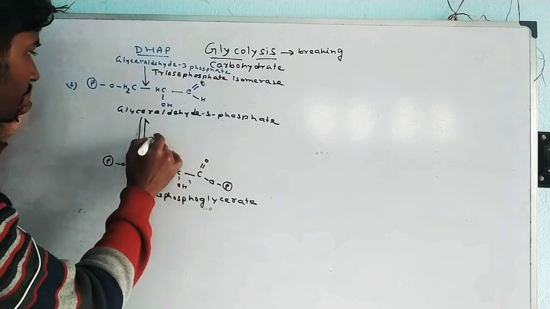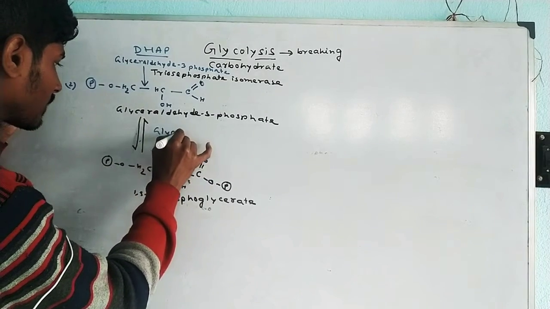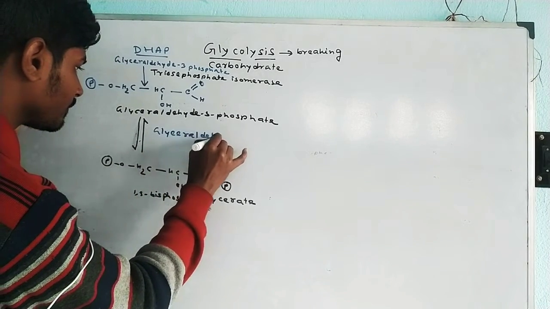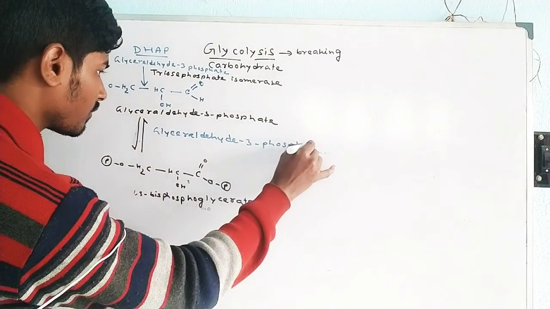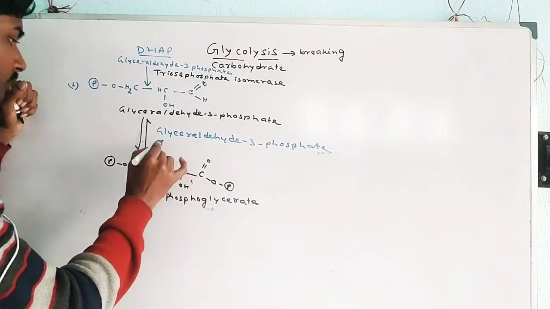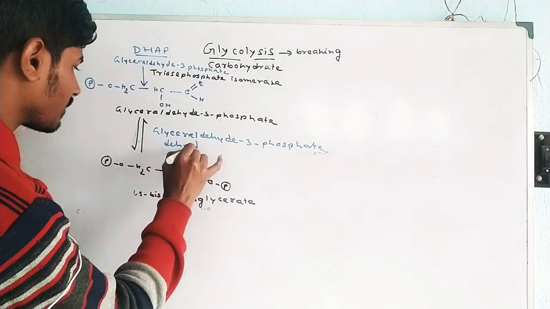After this, 1,3-bisphosphoglycerate is then converted to 3-phosphoglycerate. Sorry, the enzyme name is glyceraldehyde 3-phosphate dehydrogenase.